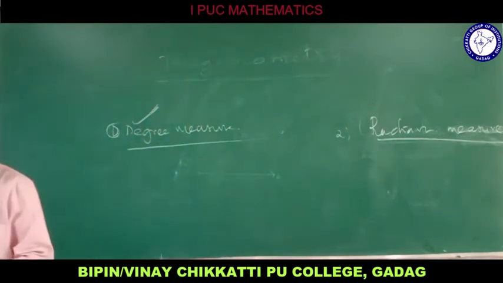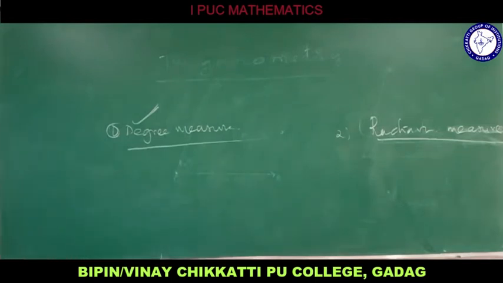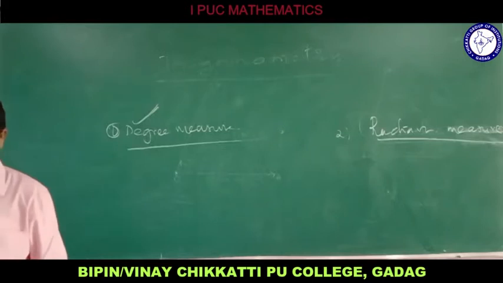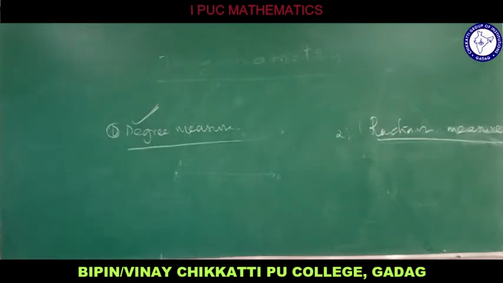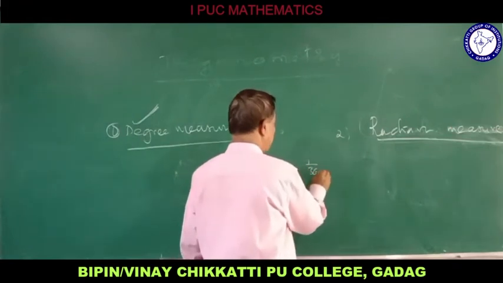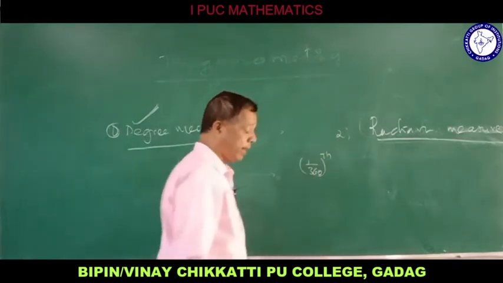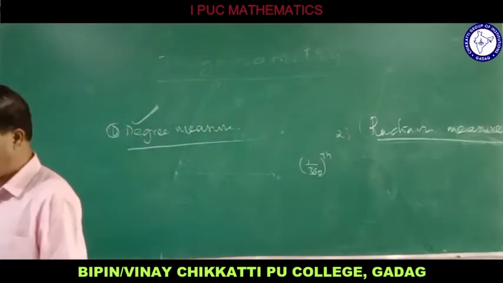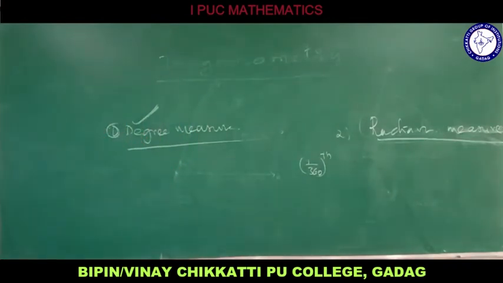In this degree measure, how do we define it? The angle is formed by rotating the ray. It is the angle traced out by a moving line about a point, from its initial position to the terminal position, in making 1 divided by 360th of a complete revolution of a circle.